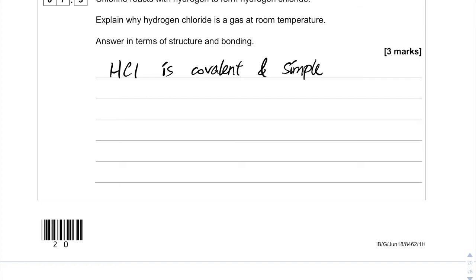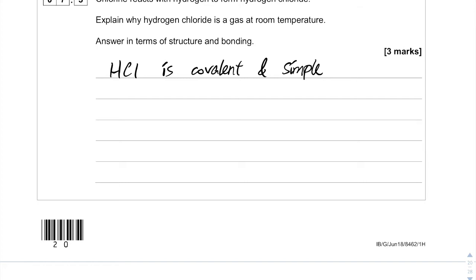It's the intermolecular force that is holding the thing together. In this particular situation, it's the permanent dipole interaction between the hydrogen chlorides.